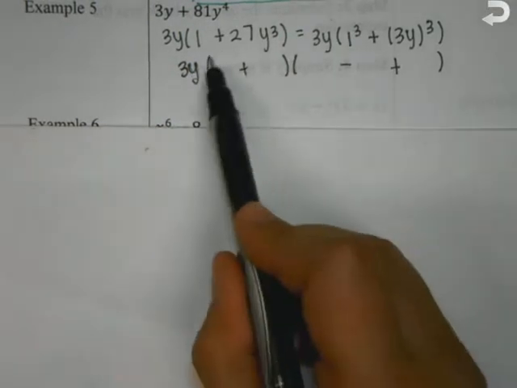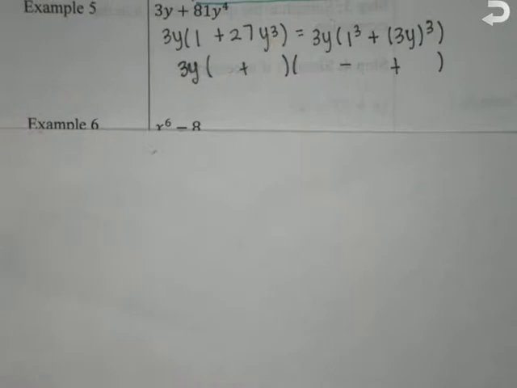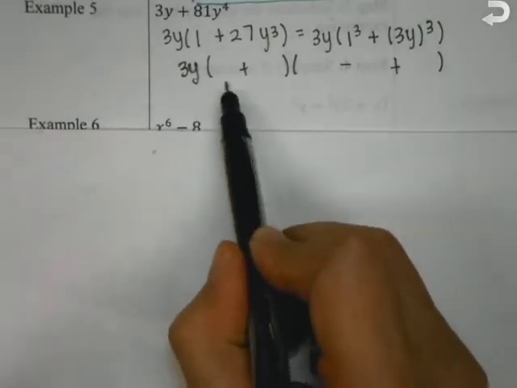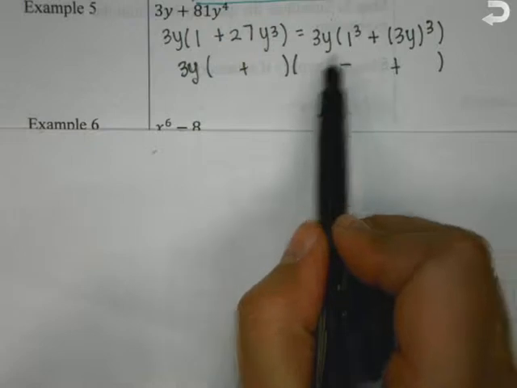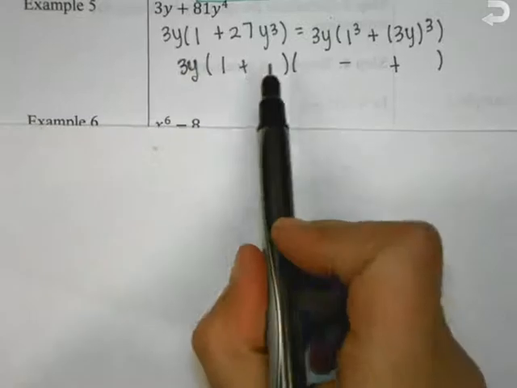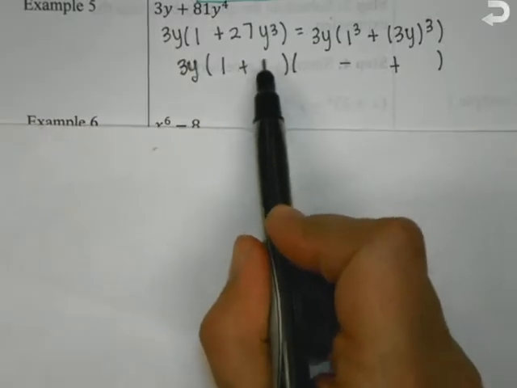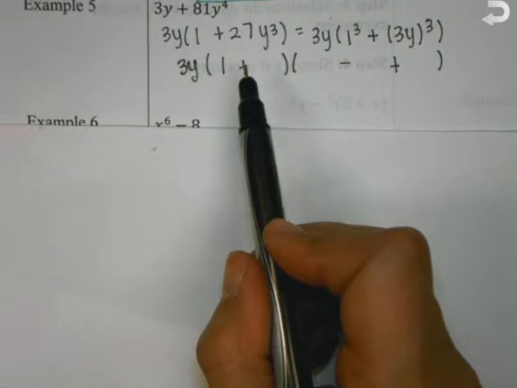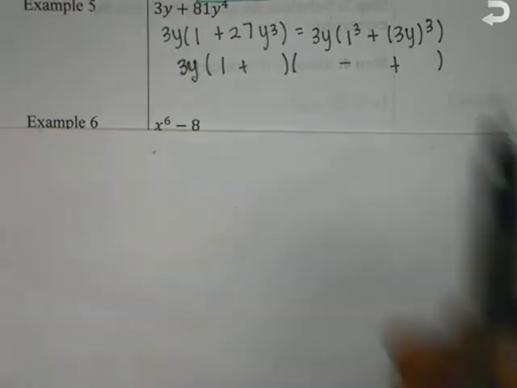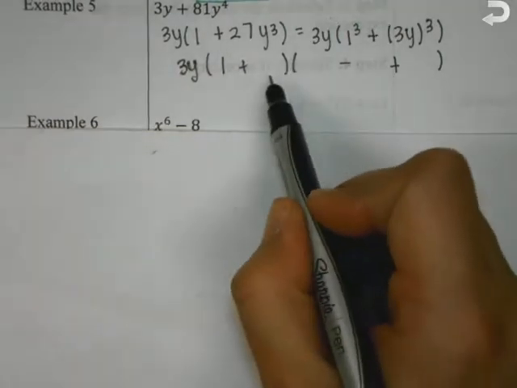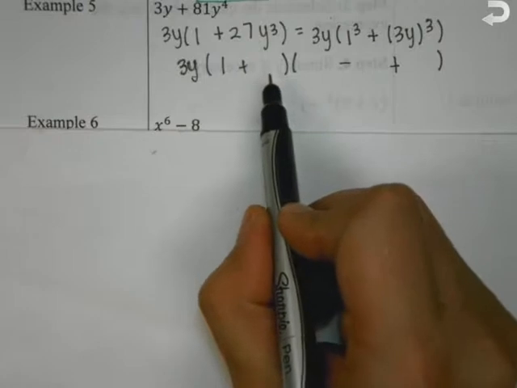The first root, which is a 1. Good. What about the second blank? Anybody in? Second blank is? Good, 3y. So we have 1 plus 3y in front.